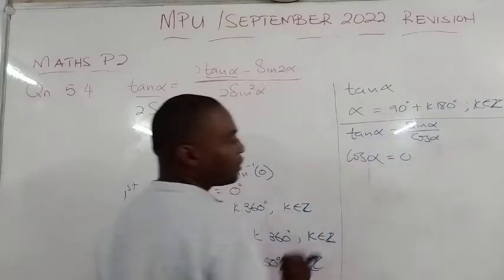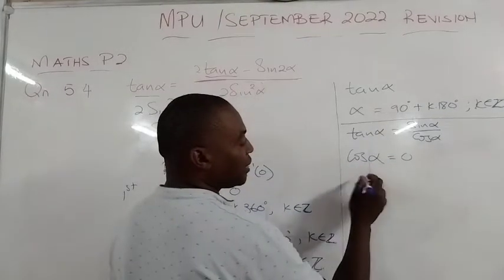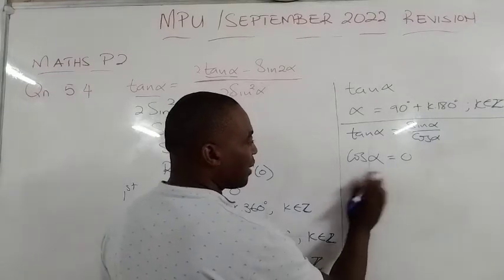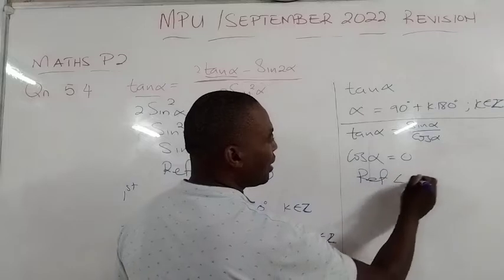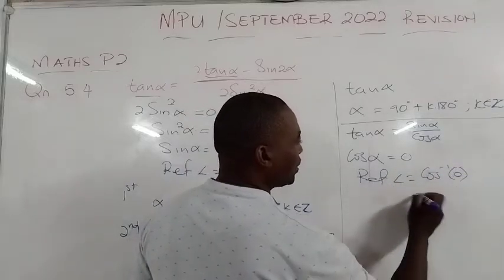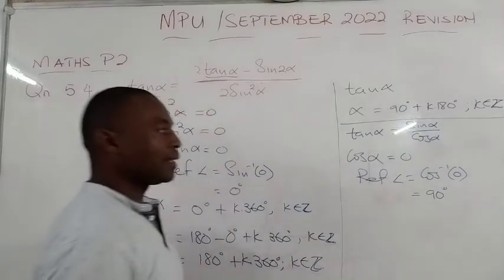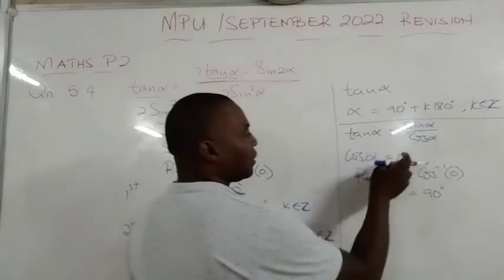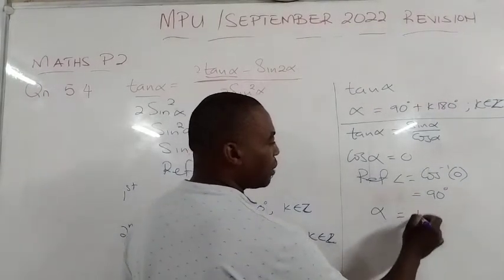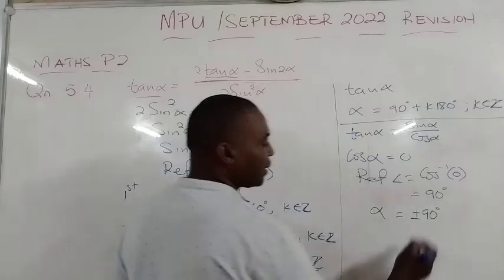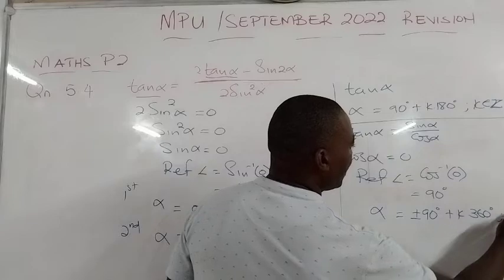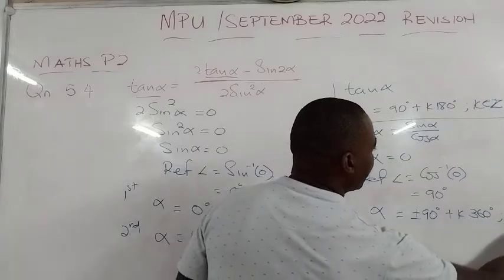If cos alpha is equal to 0, this will not be defined. That means alpha, our reference angle, will be cos inverse of 0, which will give us 90 degrees. And then our alpha will be equal to plus or minus 90 degrees plus k times 360 degrees, where k is an element of integers.